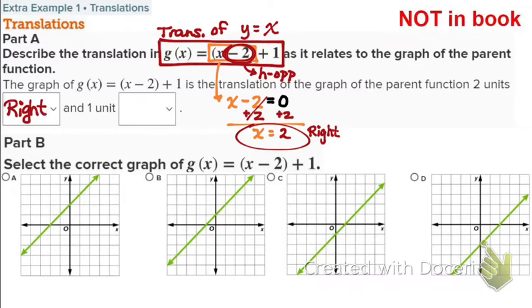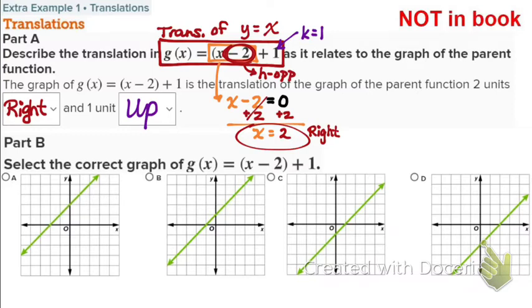What is k? 1. K is always tacked on the end. Would that be shifting up or down 1? Up 1. I need to figure out which one of these graphs took the parent function and shifted it to the right 2 and up 1.